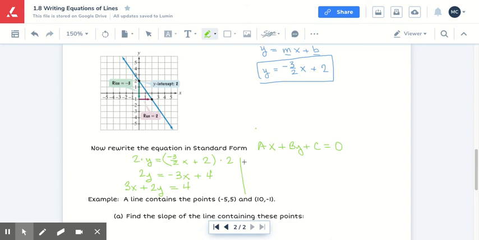So I'm going to subtract 4 from both sides. And once again, I'm making sure that I'm still writing that equals 0, because that is a really important part of the equation. In fact, without it, it's not an equation anymore.